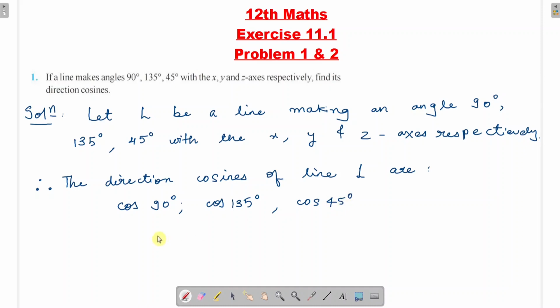Okay, so that is cos 90 is 0, cos 135 we have to find out, and cos 45 is 1 by root 2, right? So let us find out cos 135.